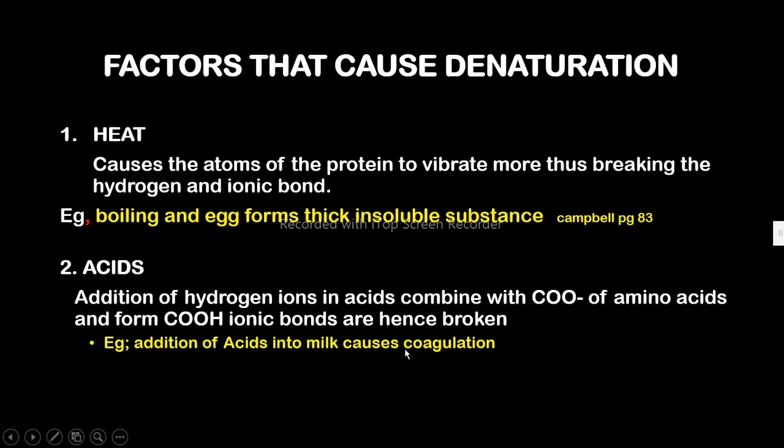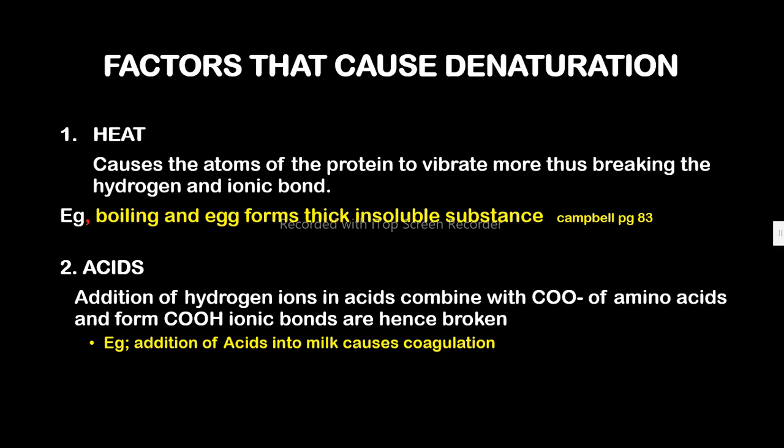And when you break the ionic bond, the protein is denatured. As simple as that. And when the protein is denatured, it will coagulate. That's how milk goes bad when you leave it. Microbes reduce the pH of the milk, which ends up coagulating it.